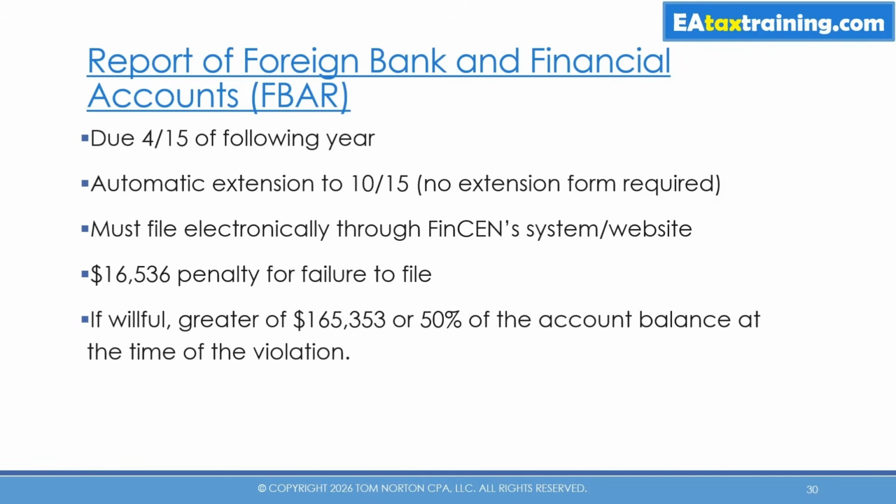But the circuit that Mr. Bittner was in did not agree with that other circuit. And they said, no, we agree with the IRS. It's $10,000 per account. You owe over $2 million in penalties. So the United States Supreme Court agreed to hear this case in order to resolve this difference between the circuit courts and how they had ruled.